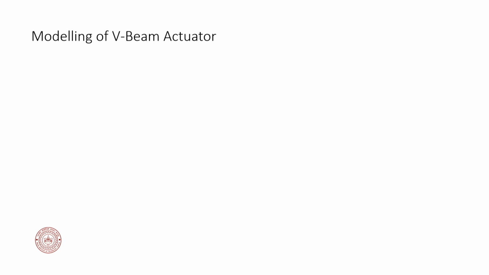All right. Now, we look for the next case, and that is for a modeling of a V-beam actuator. So, a V-beam actuator is a device which is pinned at the two ends. It's a beam, so a beam that is supported at the two ends.